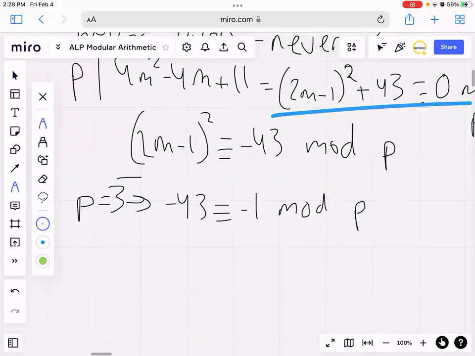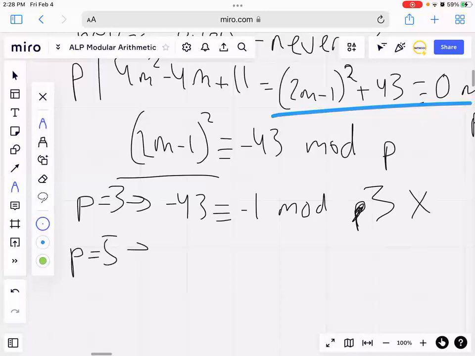And note that the left-hand side is something squared. There's never going to be a square of something mod 3 that gets us to negative 1. So p equals 3 can't work.